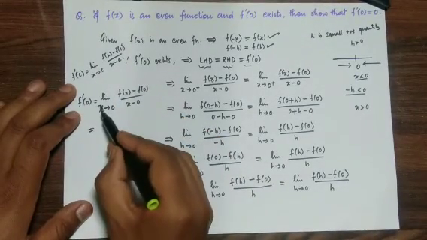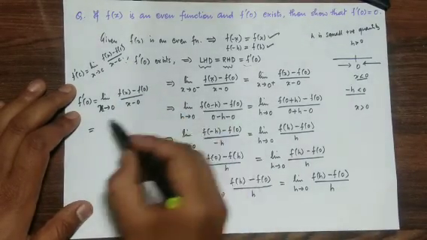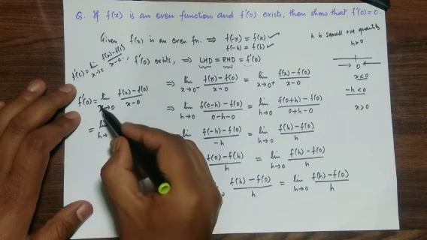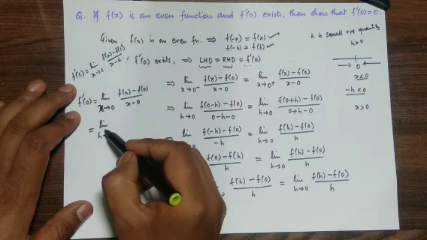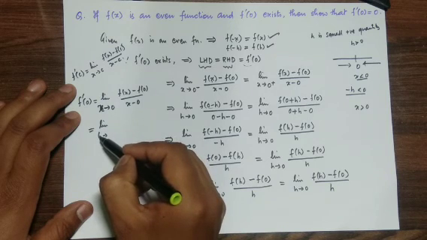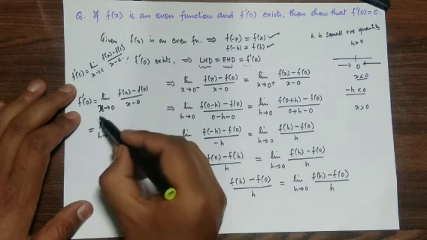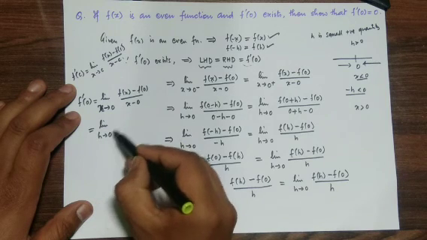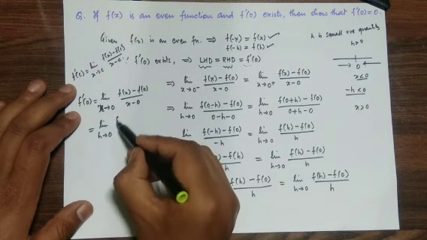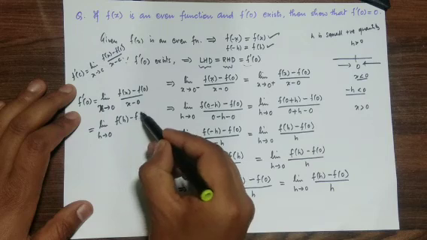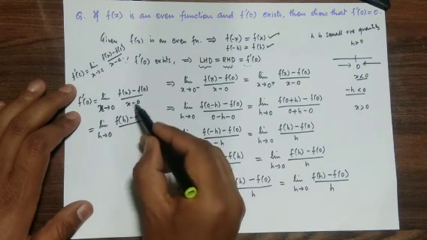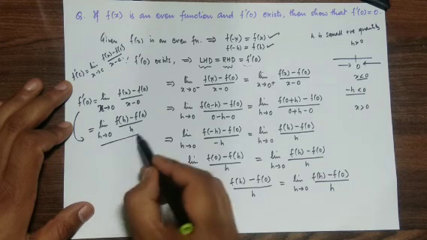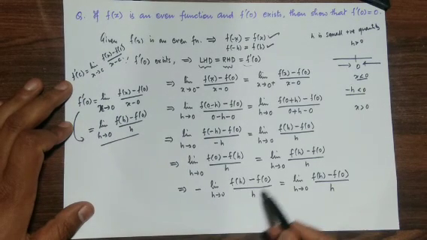Now you can substitute x to be h also. Simply, if you substitute any letter by any other letter, that other letter is known as a dummy variable. So instead of x, I'm writing a dummy variable, that is h. It tends to 0, so this can be written as f(h) minus f(0) by h minus 0, which is h. So basically f dash of 0 is this much, which is equal to this one.